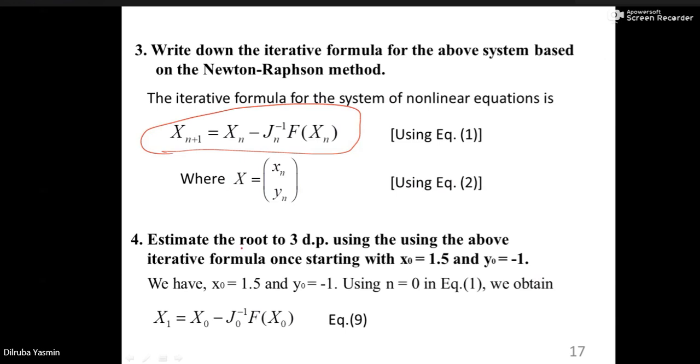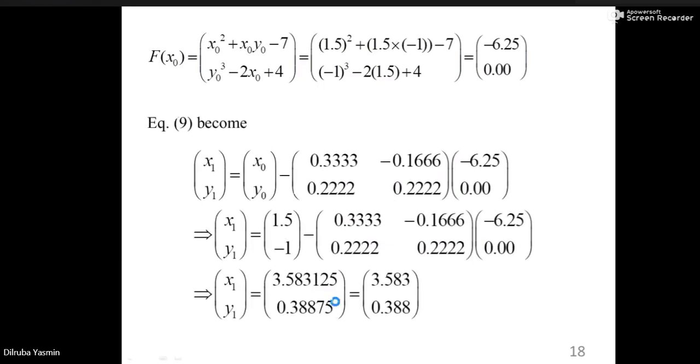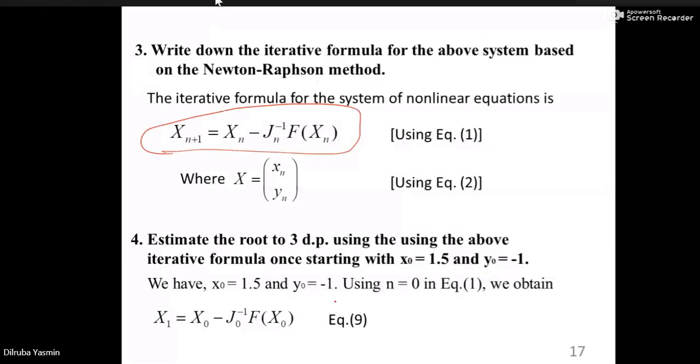So suppose you have to do 2 iterations. Okay, you have to do 2 iterations. So what you should do, you have to consider at first n equal to 0, and when you consider n equal to 0, you will get x some value, you will get y some value. All right, next you have to consider n equal to 1, because this is the requirement.